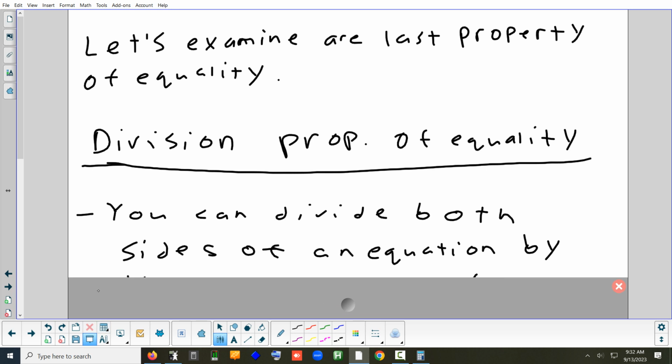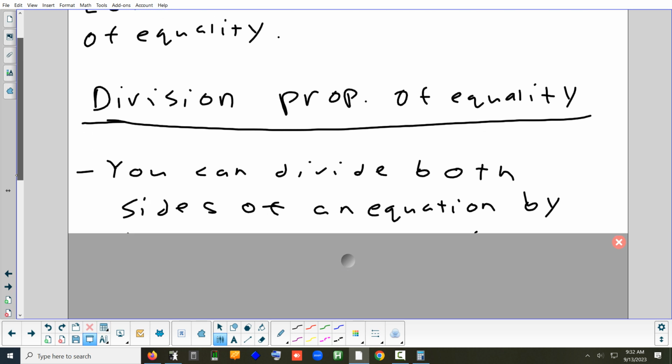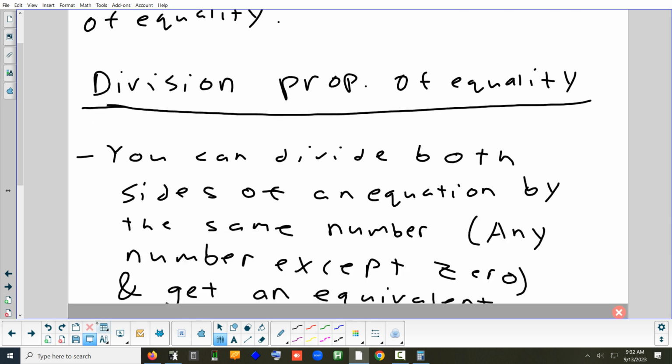Yep. There's only one number you can't use though. You can't use 0. So you can divide both sides of an equation by the same number, any number you want, except 0. And that won't mess anything up. You'll get an equivalent equation, which means hopefully it's simpler than what you started with, and you can get the variable by itself.